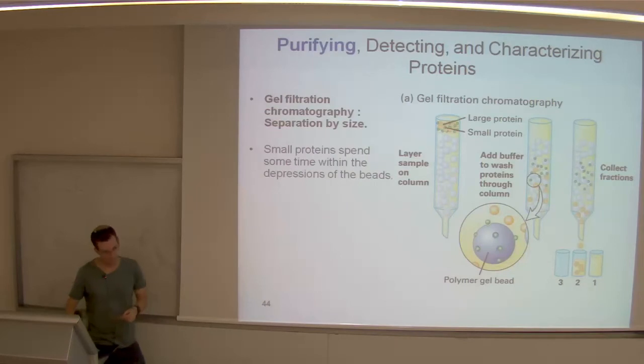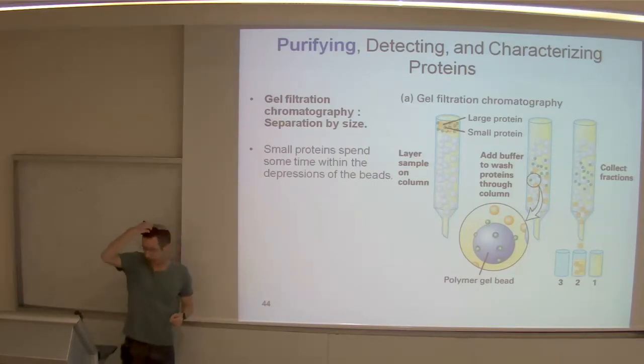What does chromatography mean? The term comes from a historical reason. The German color industry, back in the 1930s or so, pushed these methods and made them more usable, and they had something to do with colors there, and hence the name chromatography.